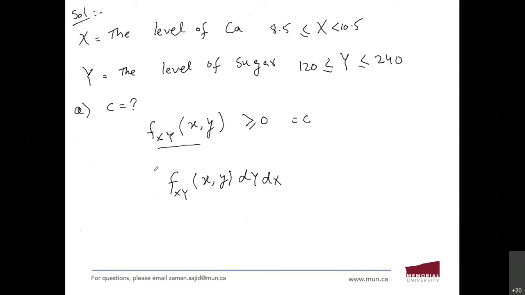We will take two integrals here. The outermost is for x. We know the range of x is 8.5 to 10.5. The y range is 120 to 240. That should be equal to 1.